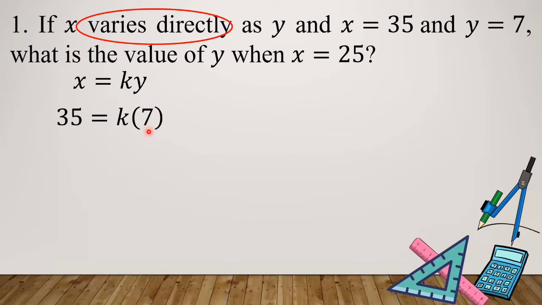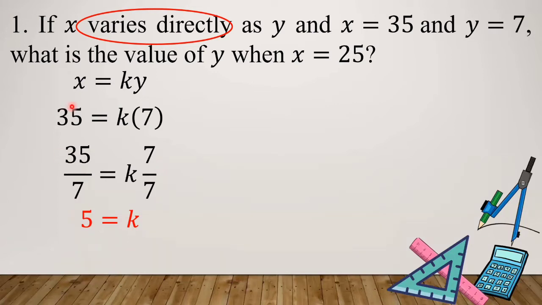Then divide both sides by 7. 35 divided by 7 is equal to 5. Then 7 divided by 7 is equal to 1, so we don't need to write it, class. So 5 is equal to k, or the value of k is equal to 5.